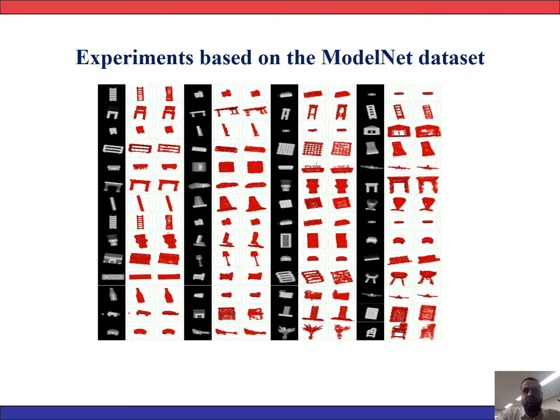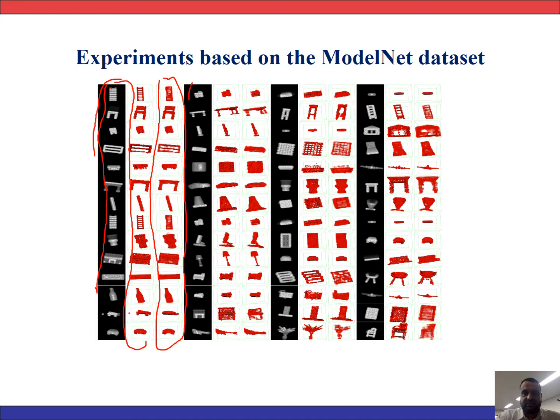Similarly, we also use the ModelNet 40 dataset for testing this network. These are the different 2D representations of the objects in this row, and these are the corresponding target images, and the third column represents the generated 3D representation from the first column 2D images.